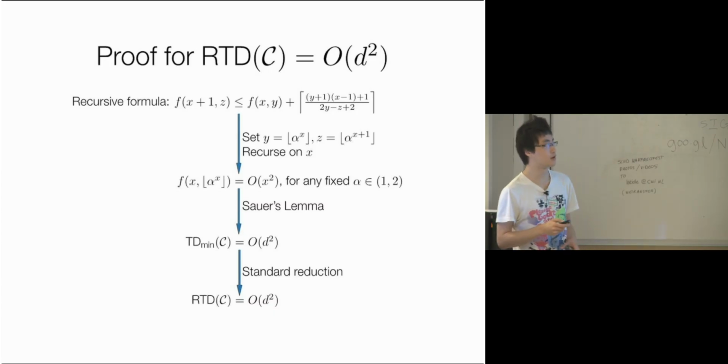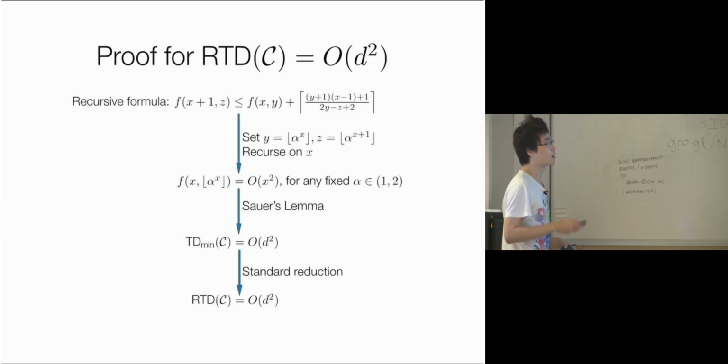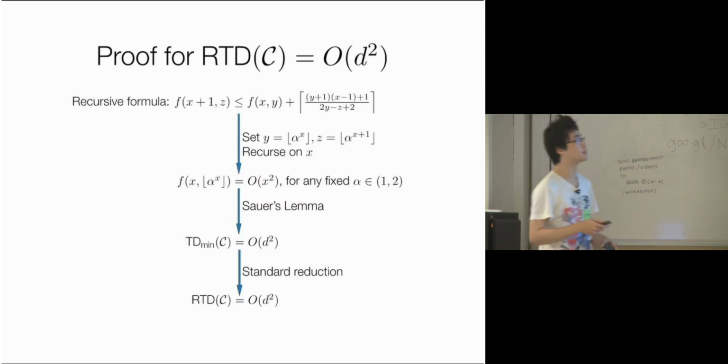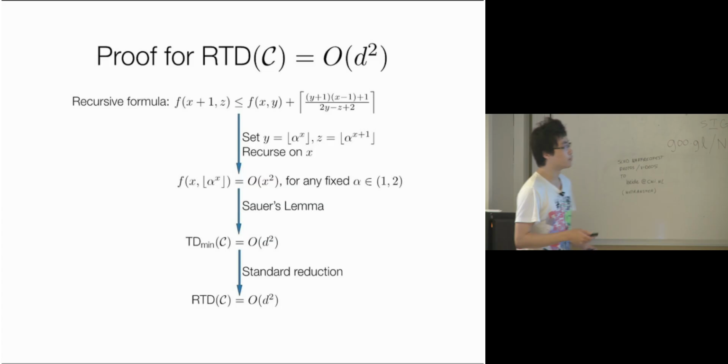But the conjecture is a linear one. So now let's discuss how far we are from the linear result.